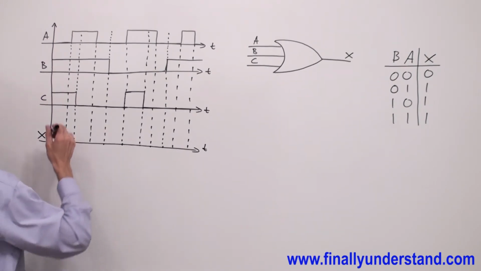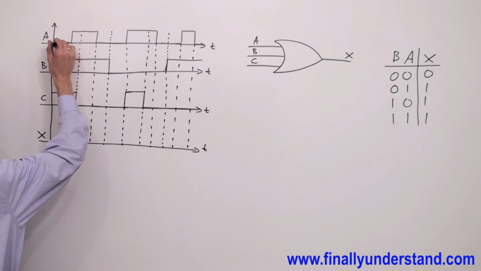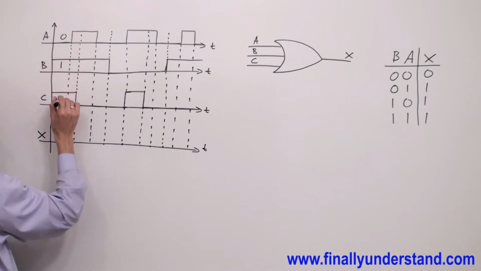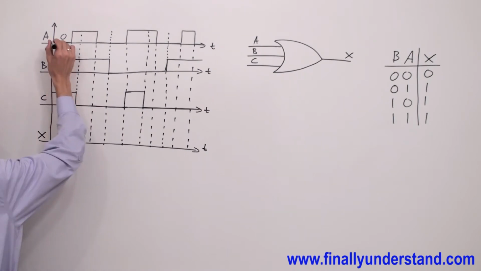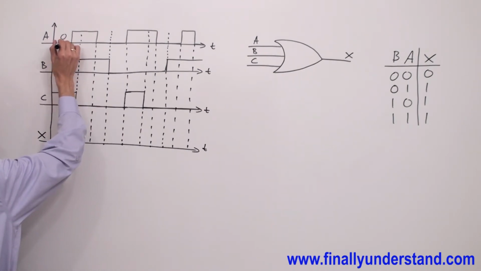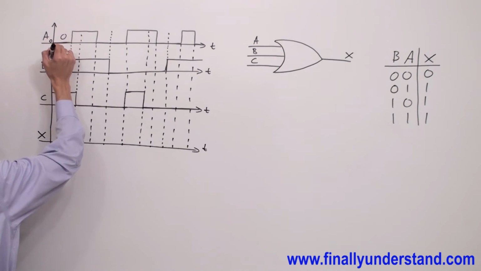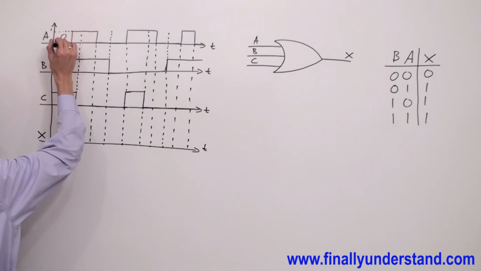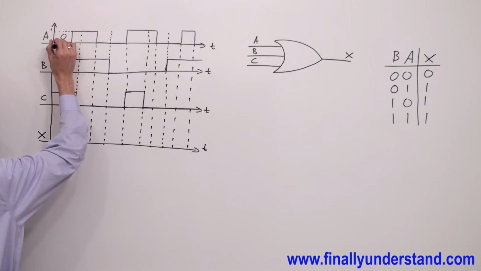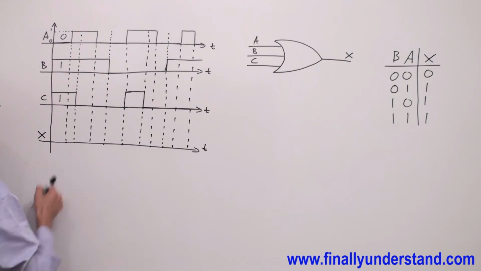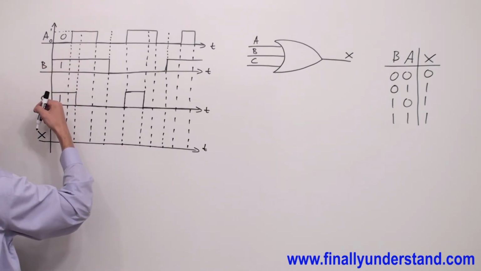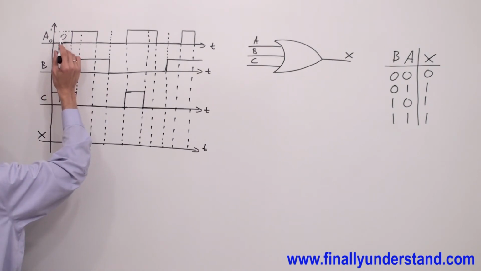Okay, I can say that I'm finished with all input waveforms, and now I can try to determine the output waveform. Now, A, this is level 0, so this is 0, this is 1, and this is 1. Why is this 0? Because this is the 0 level, and this is 1. If my wave is down, the bar laying down on the x-axis, which represents the time, then this is 0.